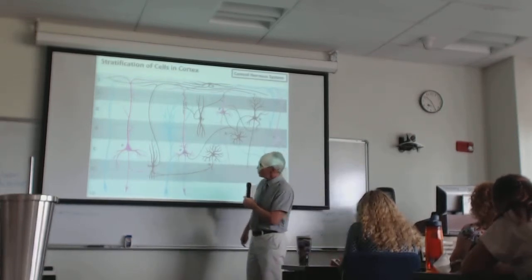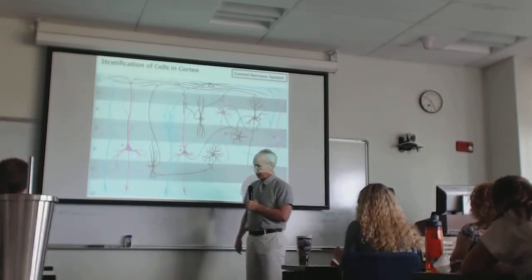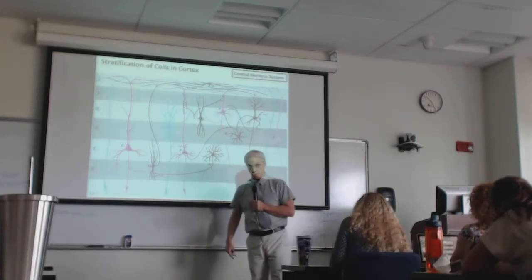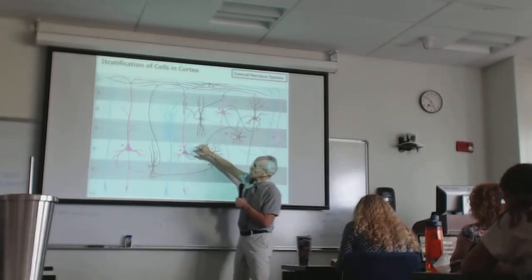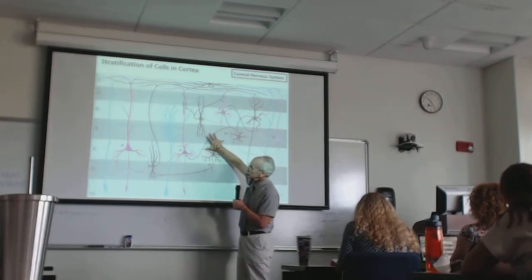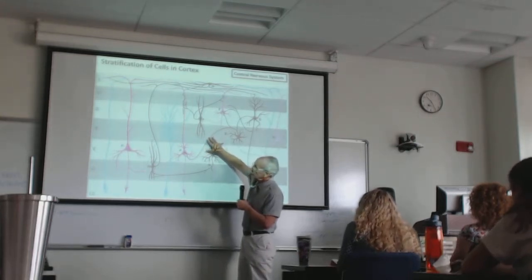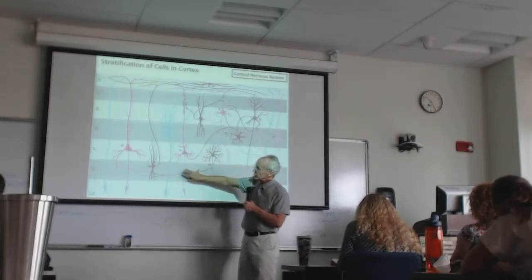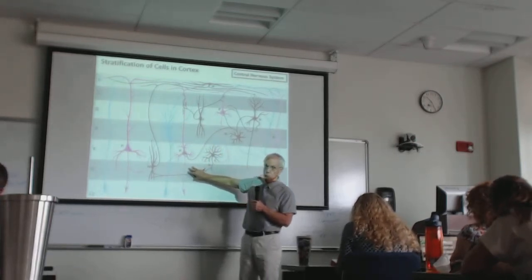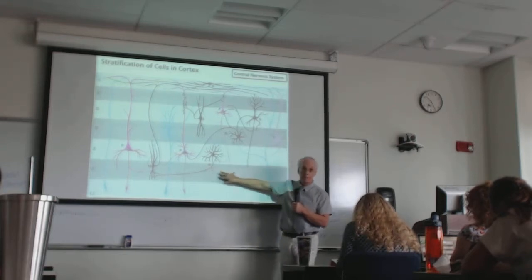So the general rule is that it's going to vary, because the function of these cells is going to vary depending on whether we're talking about the motor cortex or the sensory cortex. But the general rule is there's the greatest abundance of cells in layers 3, 4, and 5. 1 and 2 is relatively sparse. And then 6 consists primarily of these projection axons.